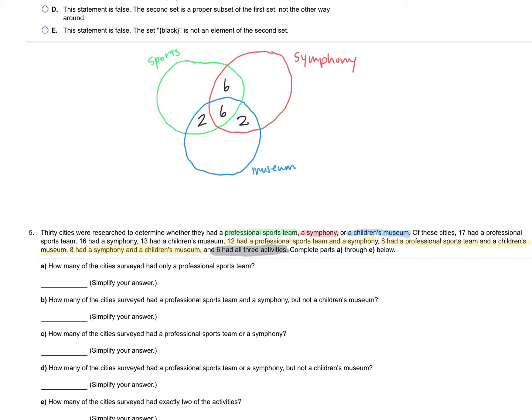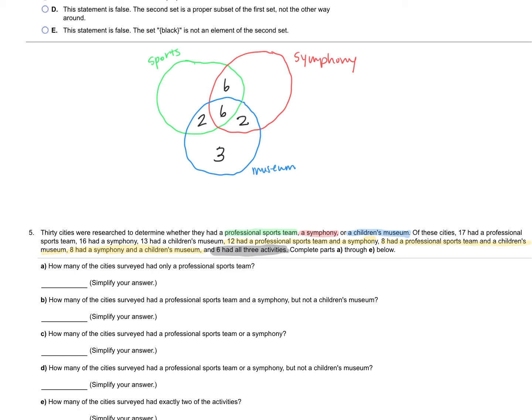But it doesn't say only, it says had a children's museum. That means the whole circle has to add up to 13. So if I add the 2 plus the 6 plus the 2, I would get 10. The total has to be 13. So 13 minus 10 is 3.